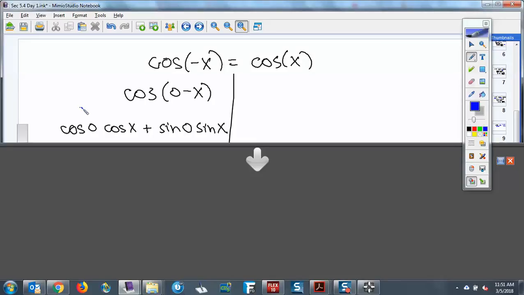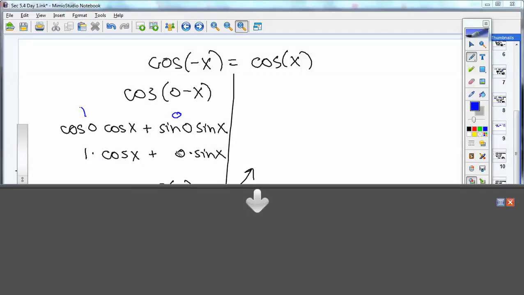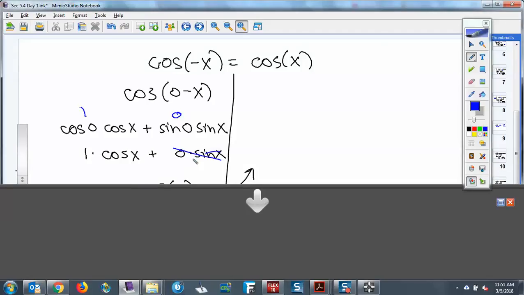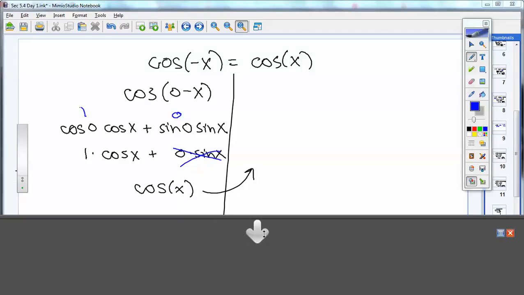Cosine of 0 is 1. Sine of 0 is 0. So we get 1 times cosine plus 0 times sine, which wipes that out. We just get cosine.